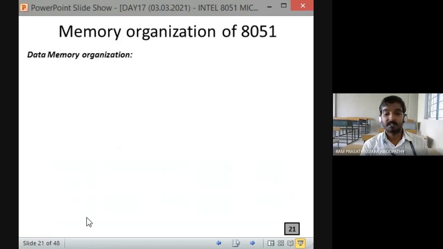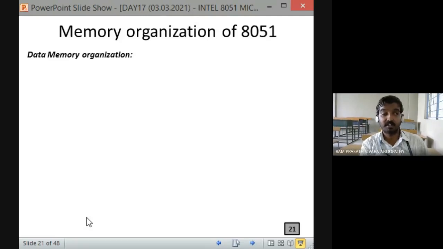Data memory organization. An introduction we will see today. Do you remember the address range of data memory, the address space? We are speaking about the internal data memory organization, internal RAM memory organization.